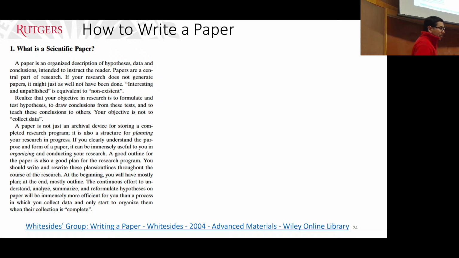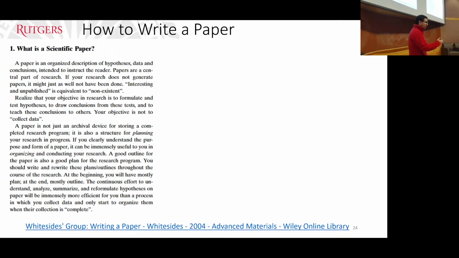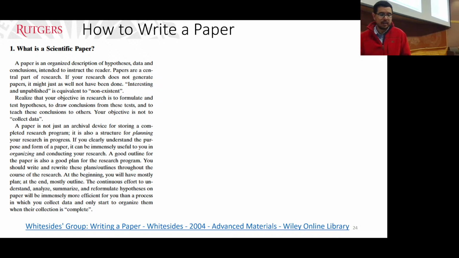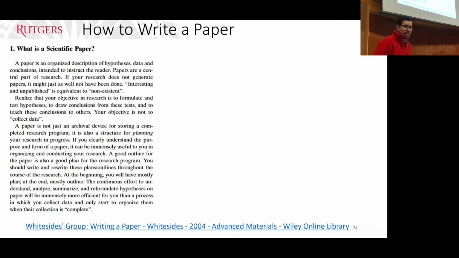Now, how do you write a paper in the last few minutes? I suggest reading this paper by one of my former advisors, okay? And it's about writing a paper. And it talks about what a scientific paper is.